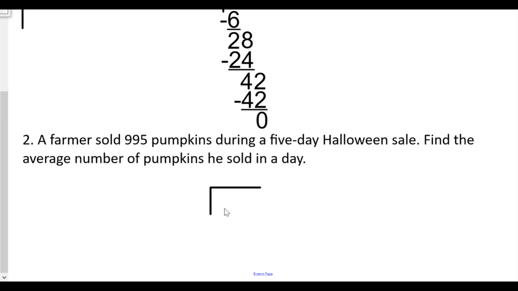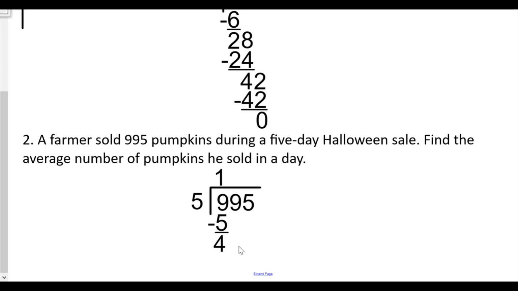We have 995, and we're dividing that by the 5-day sale. So 5 goes into 9 one time, because 5 times 1 is 5. Going to subtract that, and that gives me 4.